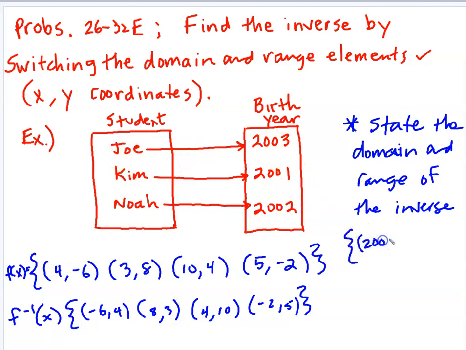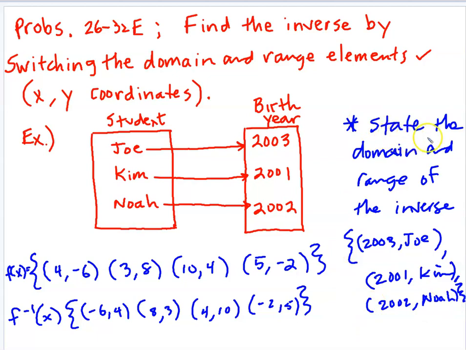So 2003 would go with Joe, and you just switch domain and range. 2001, Kim, and 2002, Noah.